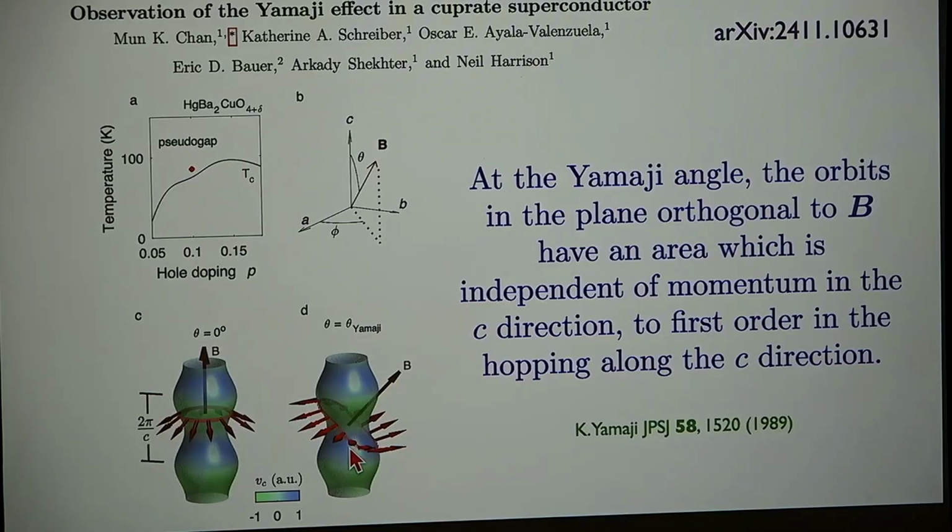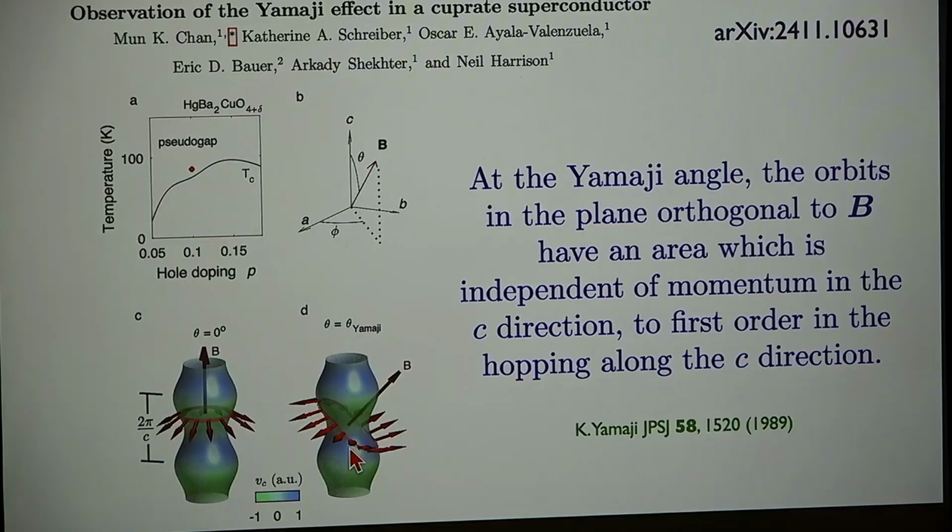There's still some variation, but it's second order in t perp, decreasing one and increasing the other. Looking at this picture, I would never have imagined it, but you do the calculation. It's just pure geometry, and you find that there are certain angles at which the area only changes to order t perp squared. That's the Yamaji angle.